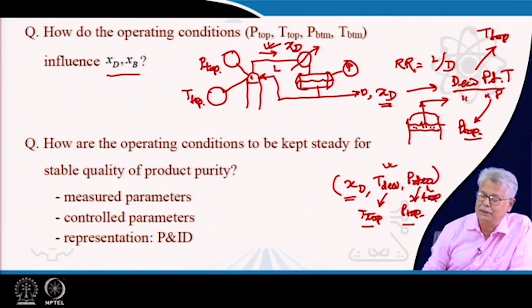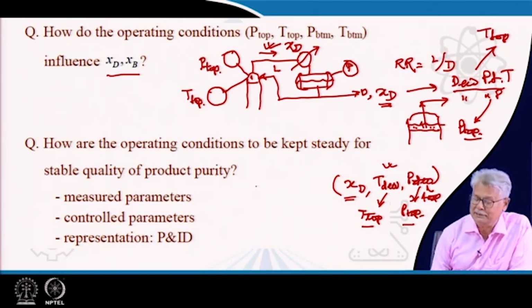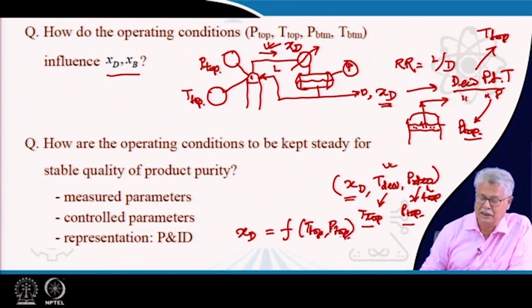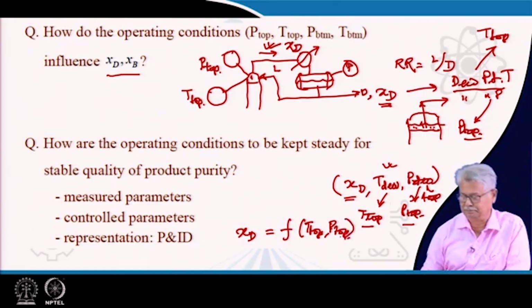So, if I change my column top temperature, my dew point would change for the corresponding pressure and my composition XD would change. So, this establishes that XD basically is a function of T top as well as P top. I believe this is amply clear to you.